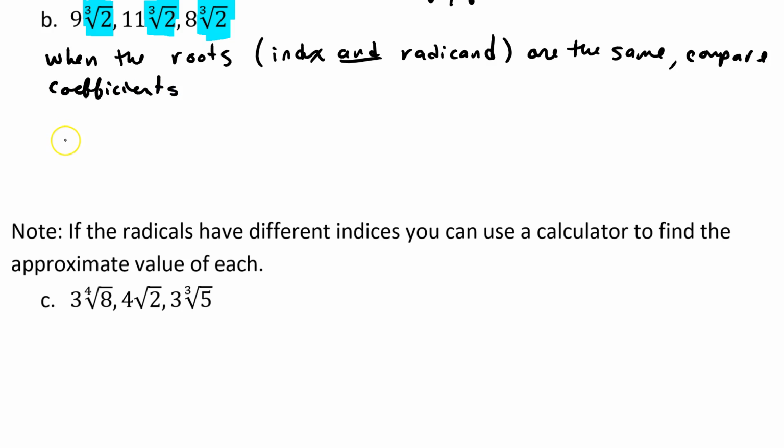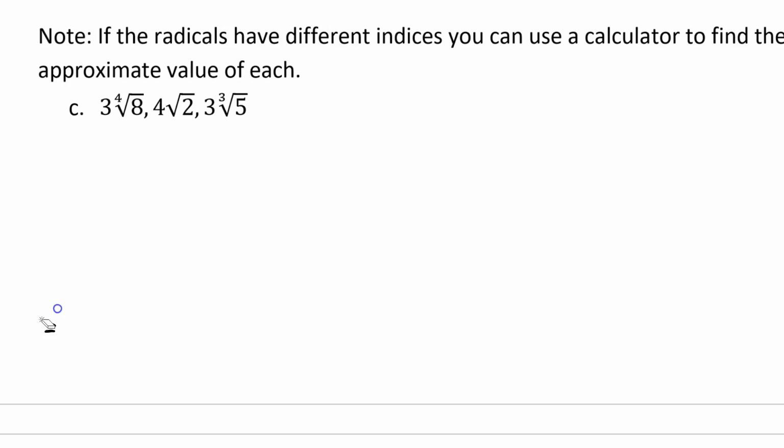So if I were to order this, I would say 11 times the cubed root of 2 is the greatest, then 9 times the cubed root of 2, and then 8 times the cubed root of 2.